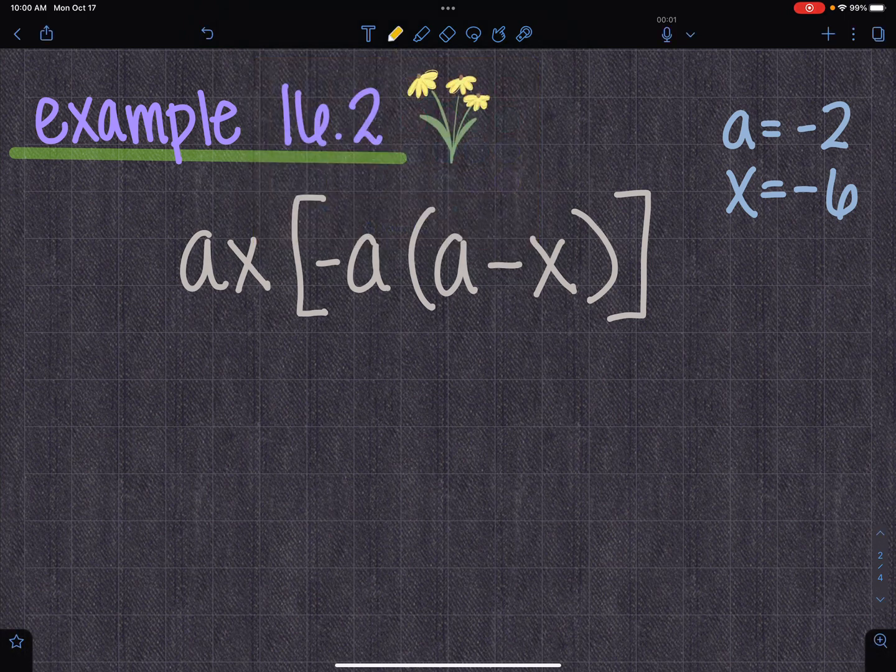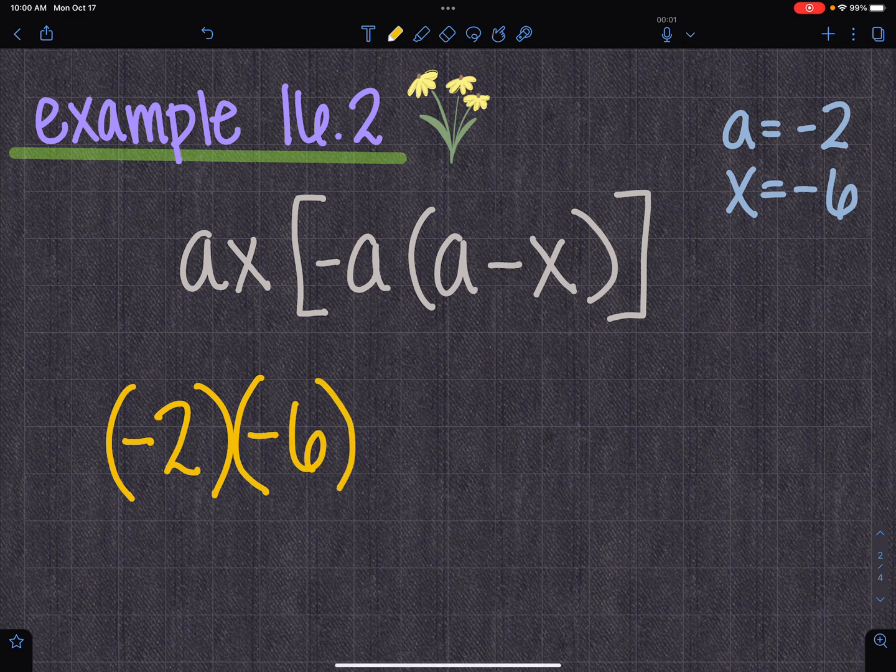Okay, the first step is A times X. Now these are just the straightforward numbers, so there's no substituting. I'm just going to put in negative 2 for the A and negative 6 for the X, because they just want what the actual things are.